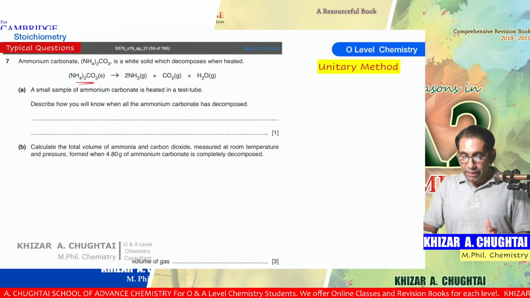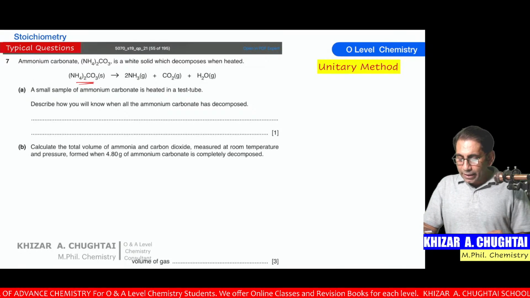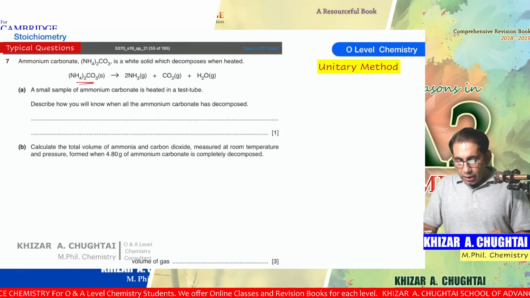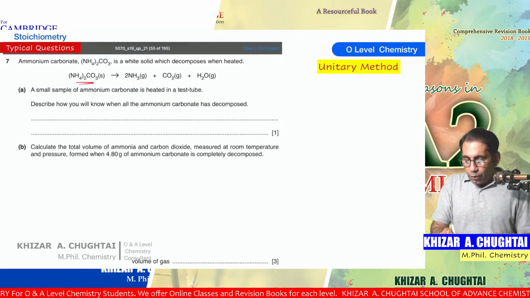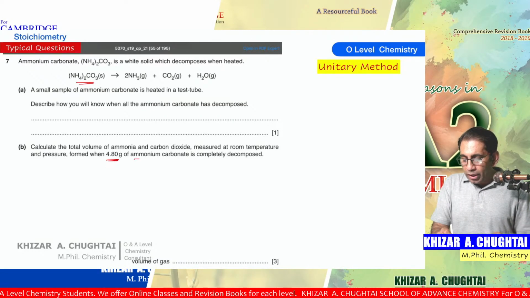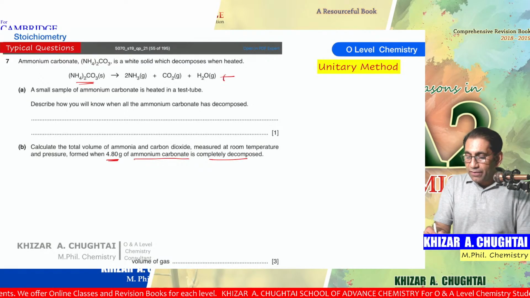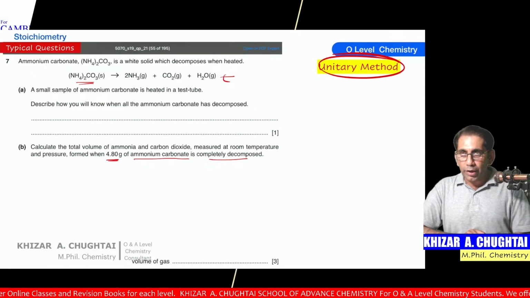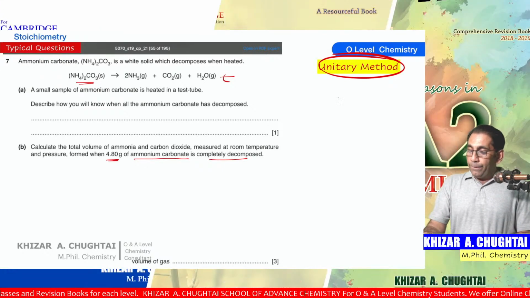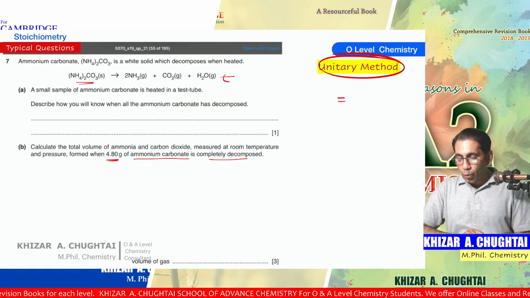The next one is: calculate the total volume of the ammonia and the carbon dioxide, measured at room temperature and pressure, formed when 4.8 gram of ammonium carbonate is completely decomposed. Once again, the equation is given. I am using the unitary method. Put equal over here. What is to be found?